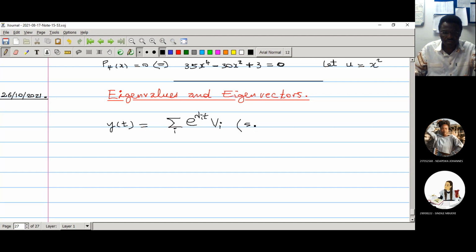So this is the general solution of a scalar linear differential equation.